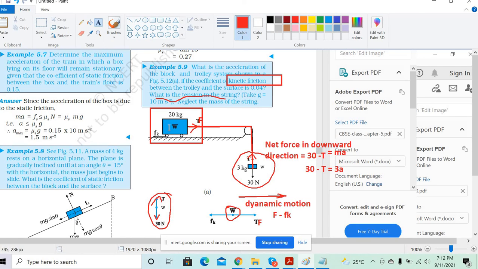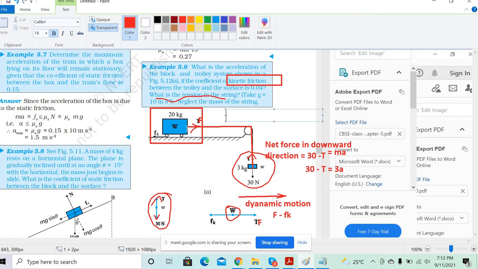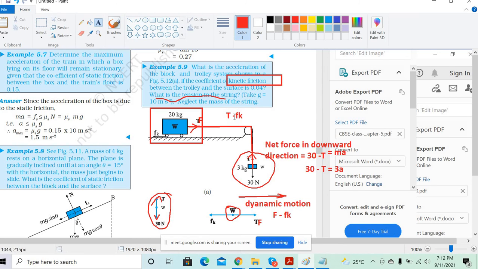Similarly here also. Net force is how much? T is anyway this part. So the net force here is T minus Fk, correct? T minus Fk in which direction? In this direction? Correct?